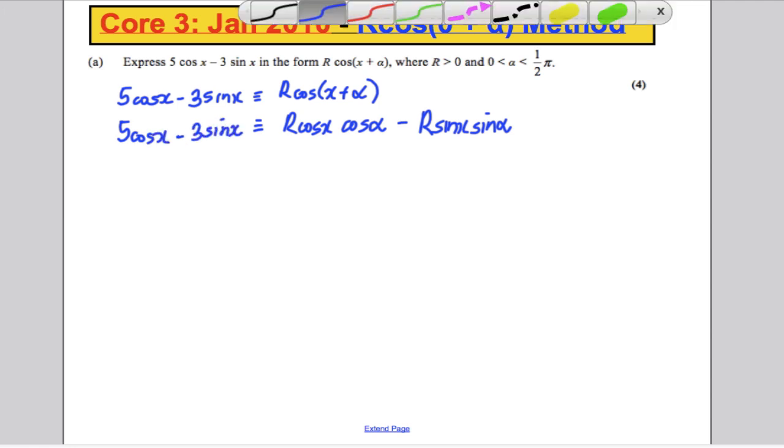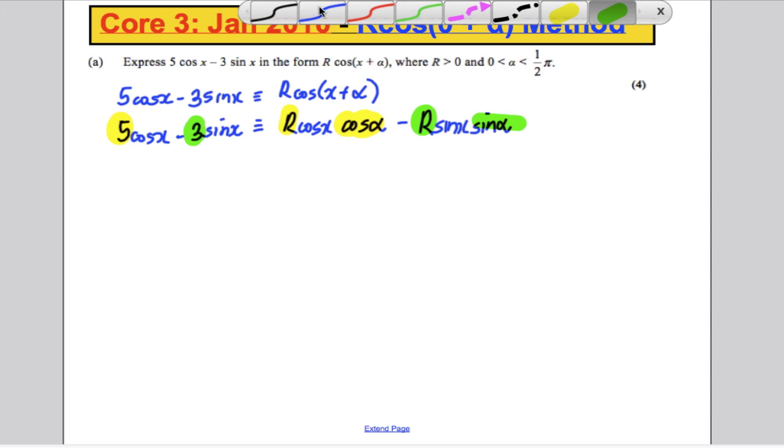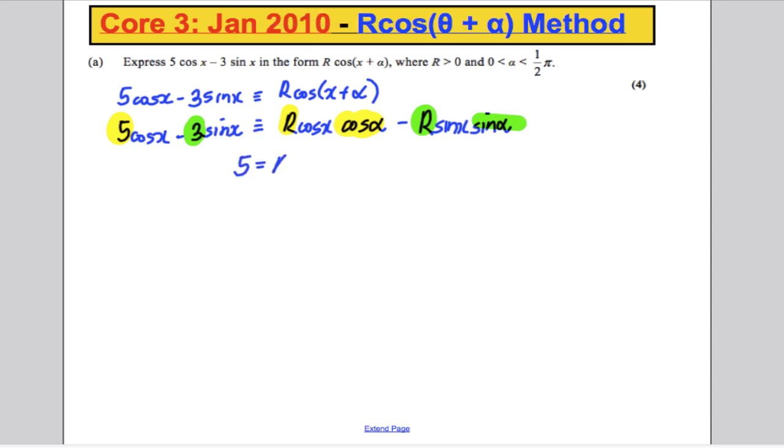Therefore you can compare and say that 5 must be equal to R cos alpha, and 3, because we've already got the negative sign, must be equal to R sine alpha. So you write your two equations down: 5 equals R cos alpha and 3 equals R sine alpha.